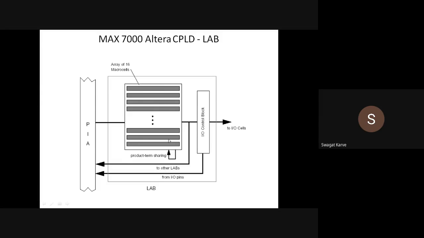It is a kind of product term sharing, a sum of products or product of sums architecture. This is the connection to the other LABs with this PIA, and this is the connection to the input output pins. You can transfer this data to other LABs or other input output pins, or it can receive data from other input output pins. So this is a typical structure of the logic array block.